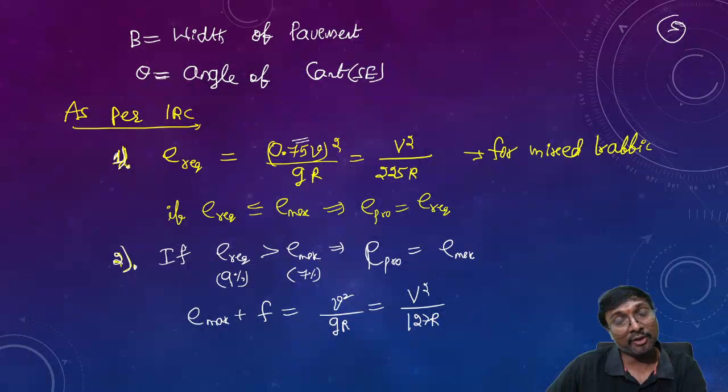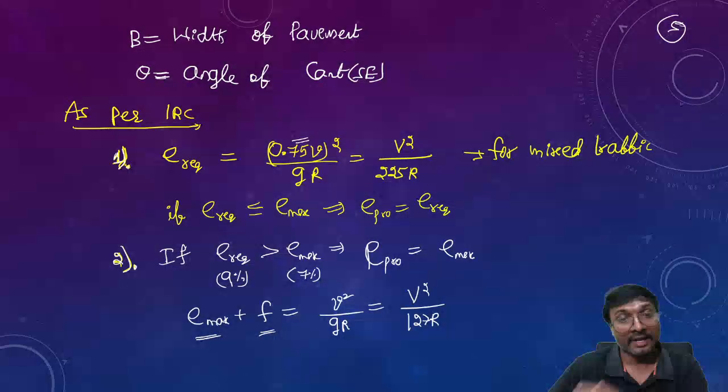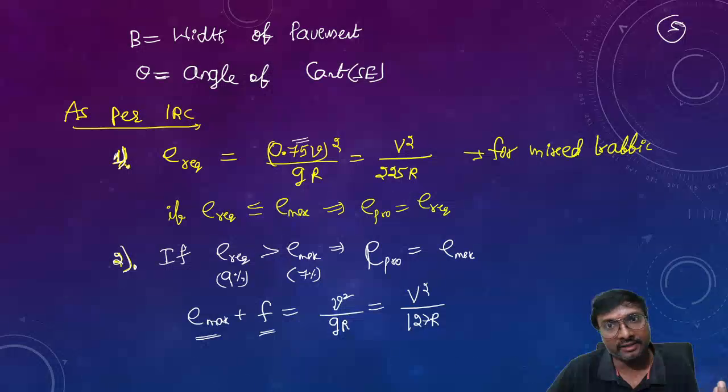If the remaining 25% speed comes and extra centrifugal force comes, is anybody there to resist? Yes, friction is there, because we did not use it. But here friction and super elevation, both resistances, are already utilized. And if you design for 75% speed only, and the remaining 25% speed comes, is anybody there to resist? No. So that is why we need to design for the full speed definitely. Then what are we doing now? Calculate this f required.